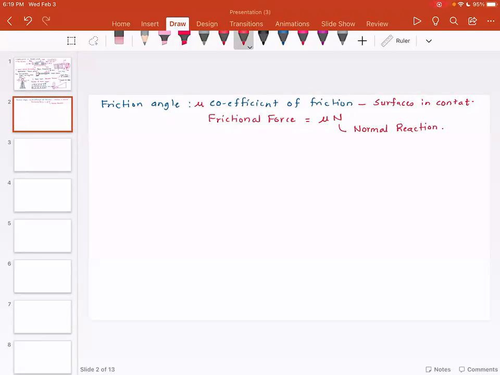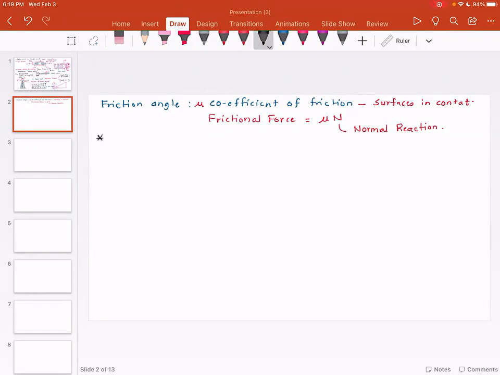Now, coefficient of friction and even frictional force do not depend upon area. So the frictional force is independent of area. Now, one thing that is very commonly asked is, how can we find out the coefficient of friction?